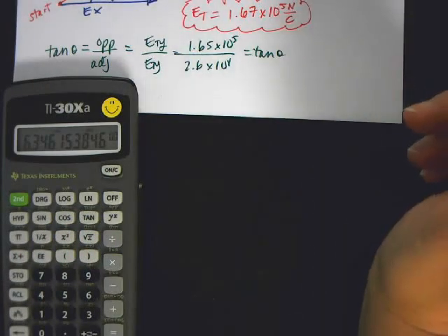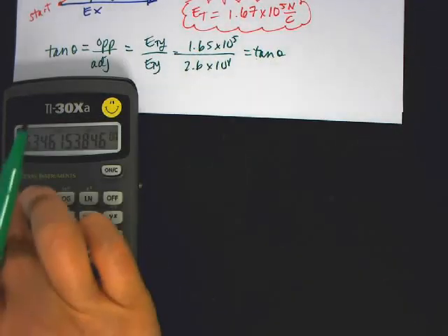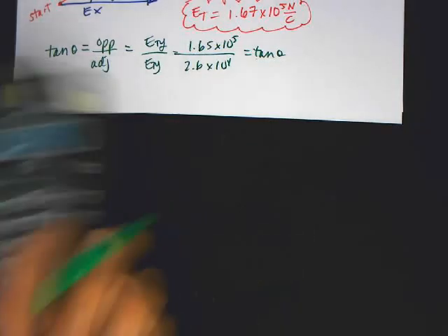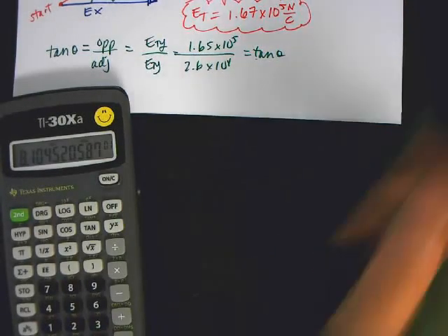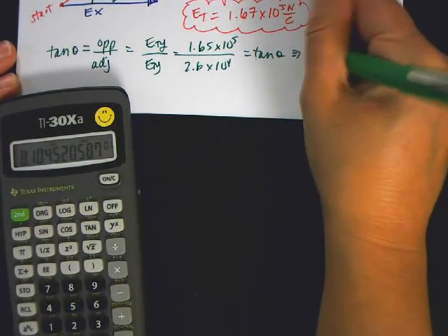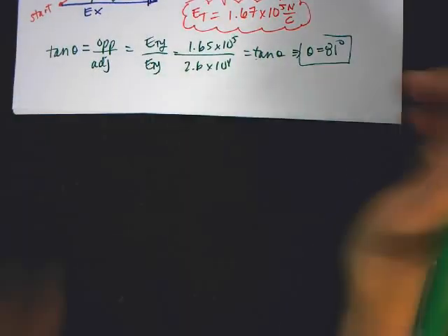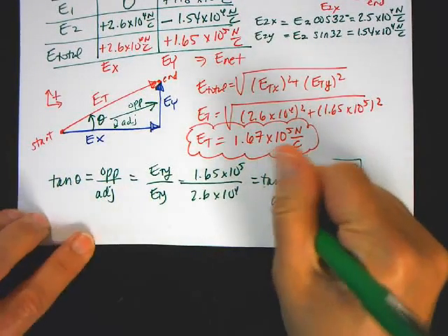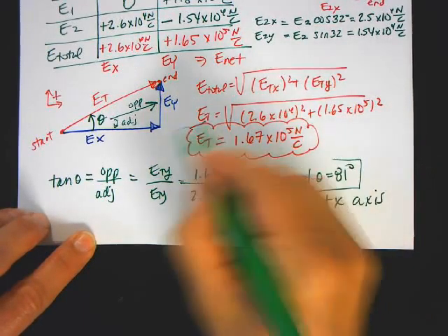I just want the angle, so I'm going to press second tan. Oops, I think mine's in scientific. So it's 81 degrees. 81 degrees from where? Well, if you look at my picture, this is above, so I would say 81 degrees above the positive x-axis. So this is my final answer.